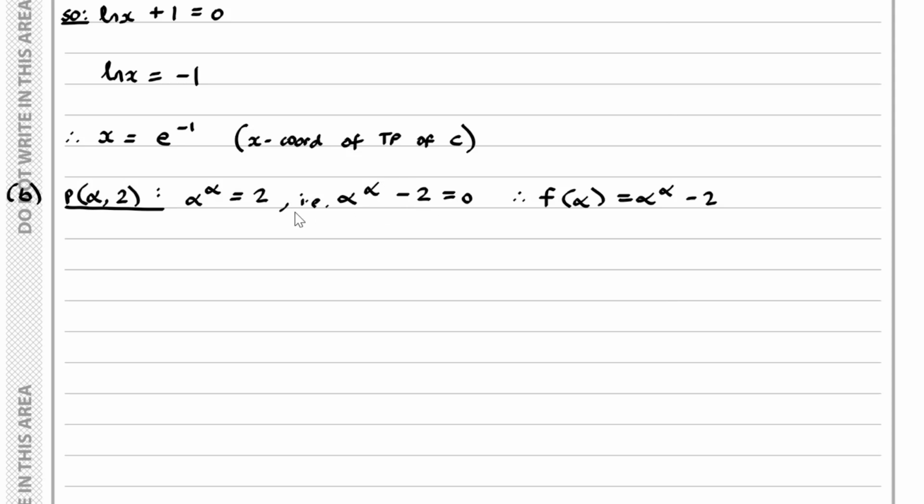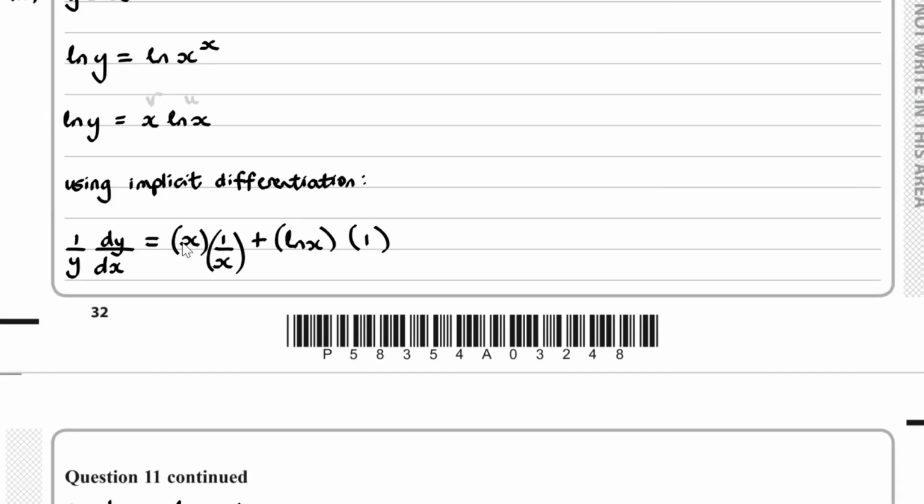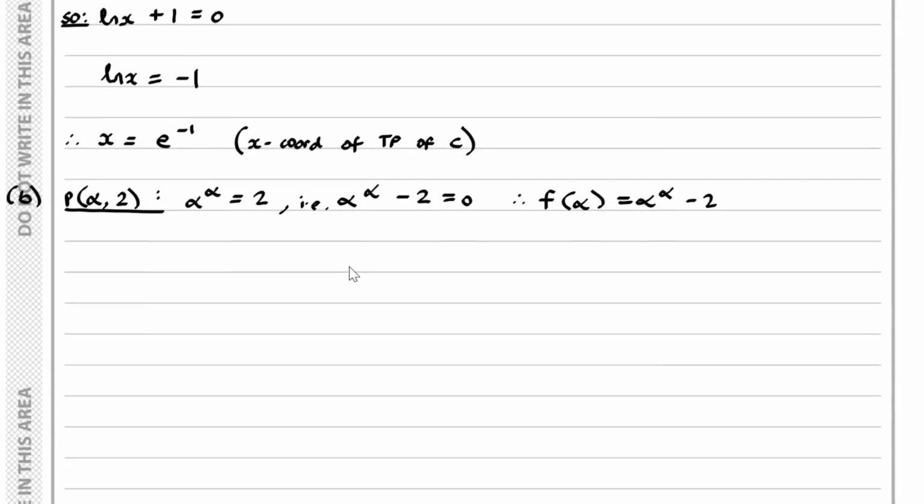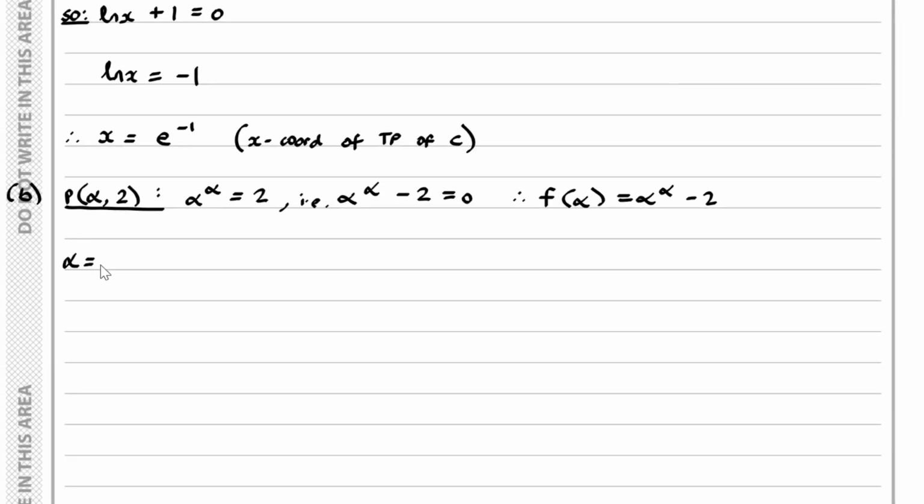So remember, with an iteration question, we want to rearrange to get everything equal 0, and therefore state what f of alpha is in this case. And we're trying to show that we have a root in between 1.5 and 1.6. So when alpha equals 1.5, we have 1.5 to the power of 1.5 minus 2.